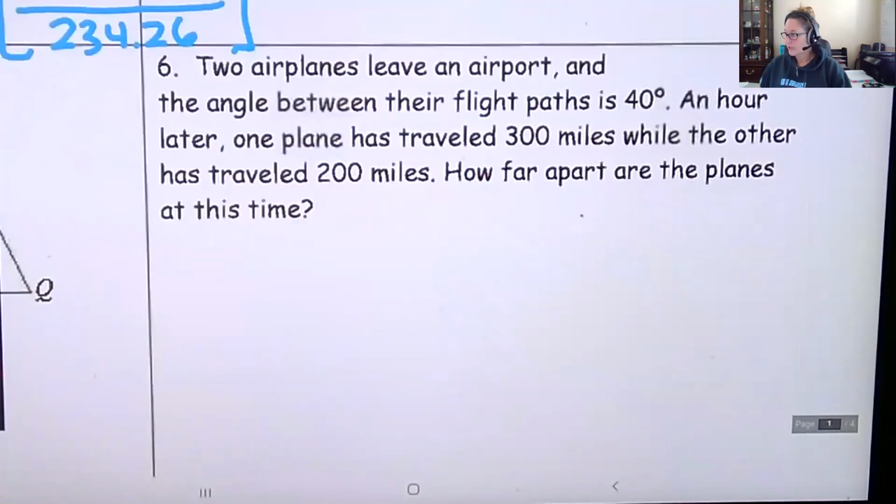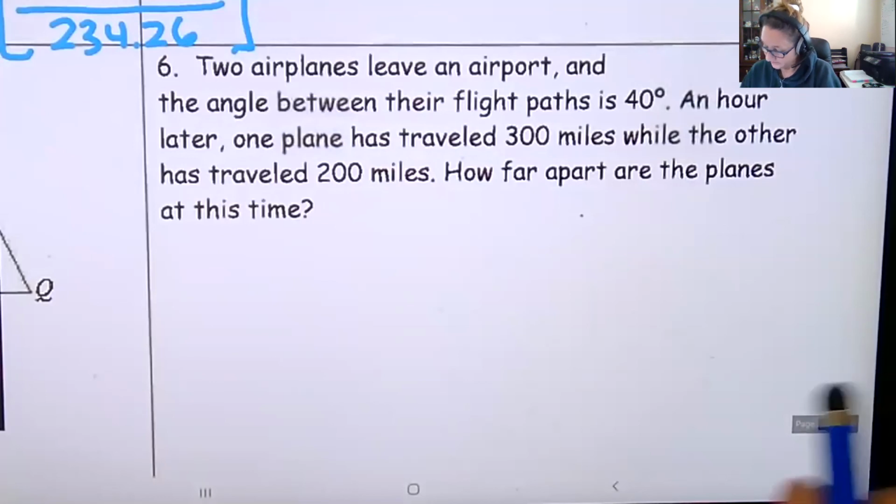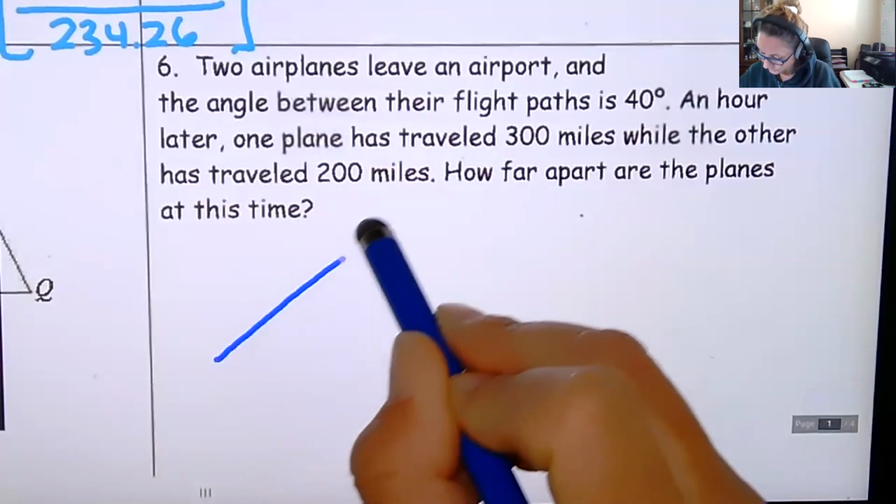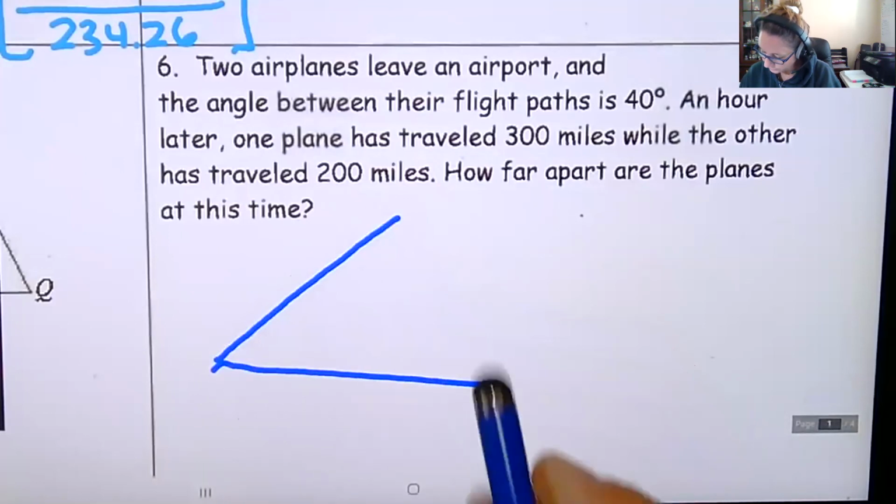So this one, we have two planes leave an airport. The angle between their flight is 40 degrees. An hour later, one plane has traveled 300 miles while the other plane has traveled 200 miles. How far apart are the planes at this time? Okay, so I'm just going to draw the situation.